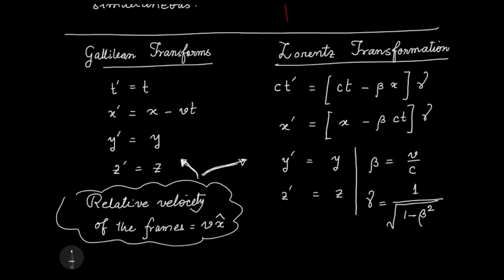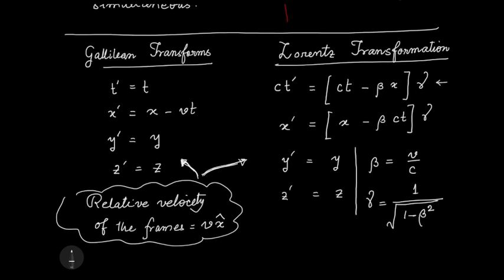Now, if you look at a book, you may see that it's not written like ct prime equals ct minus beta x. Instead, it is written t prime equals t minus something. But that is just one way of writing. I have multiplied everything by c, just because then all of these have the same magnitude, same dimension of length.